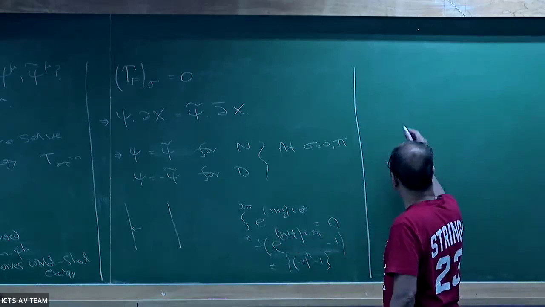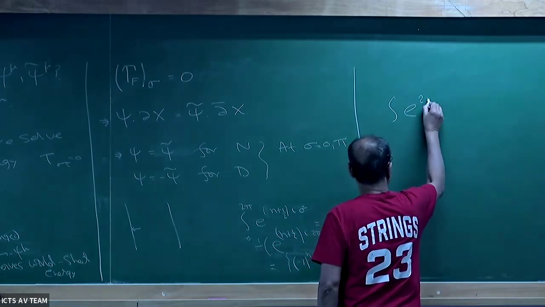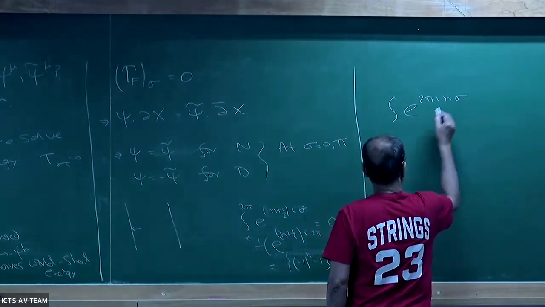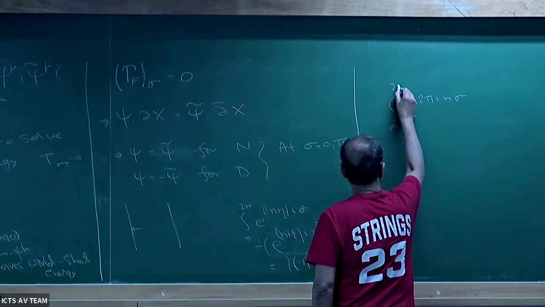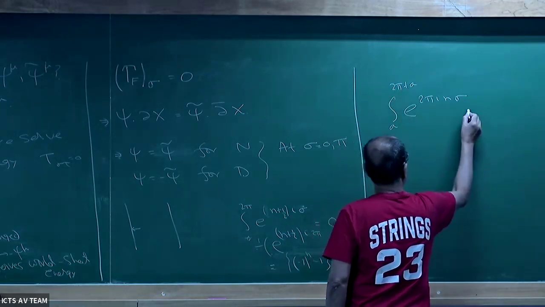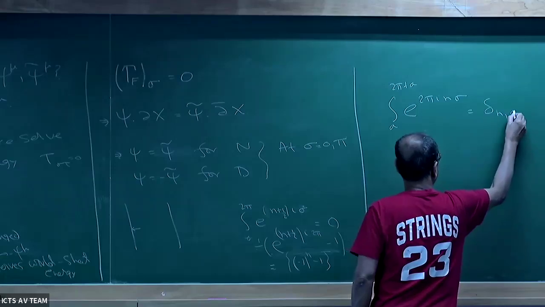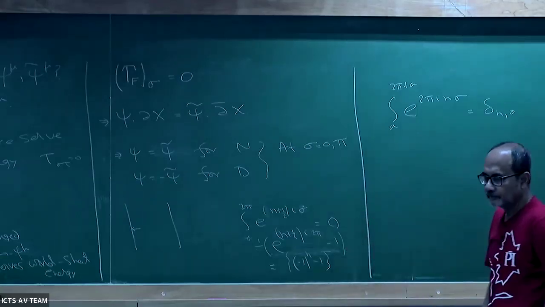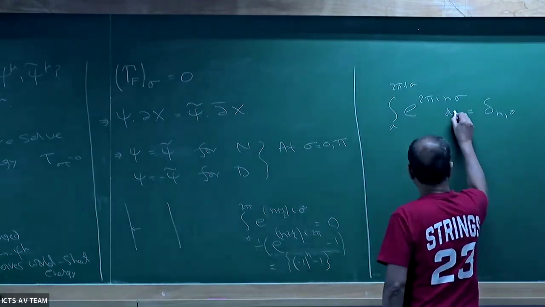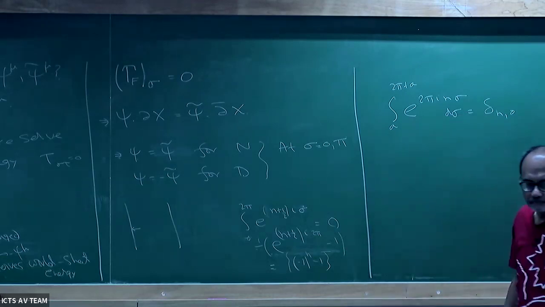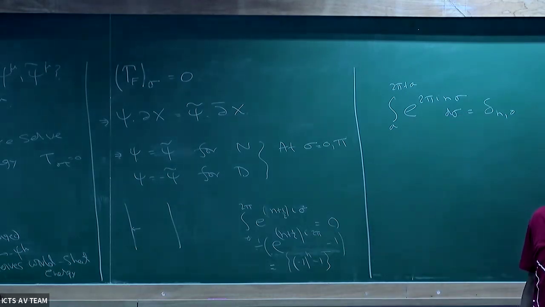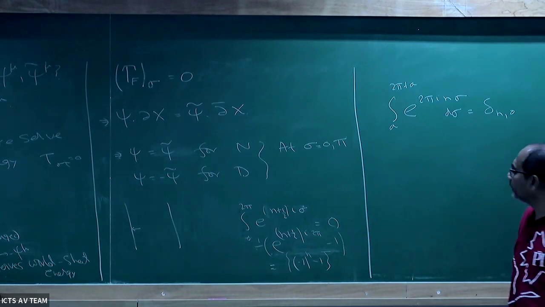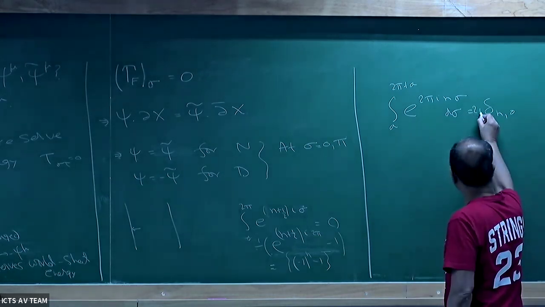If it was instead e to the 2 pi i n sigma, then a to 2 pi plus a will basically give you delta n0. There is an ambiguity in this answer over here.